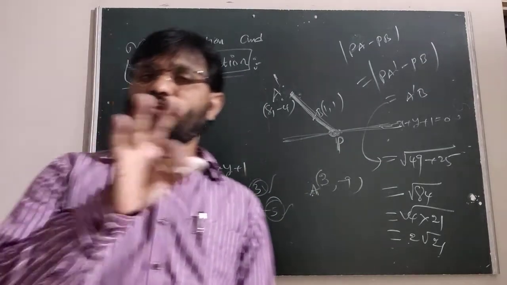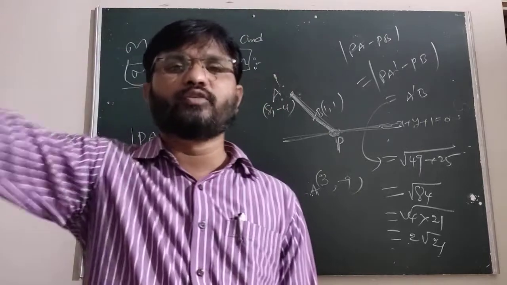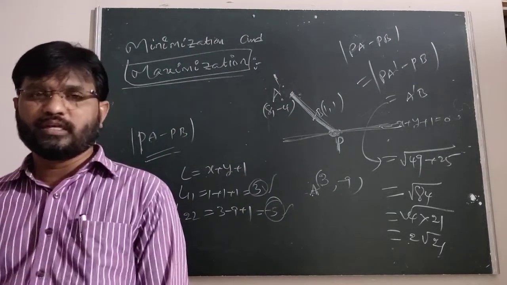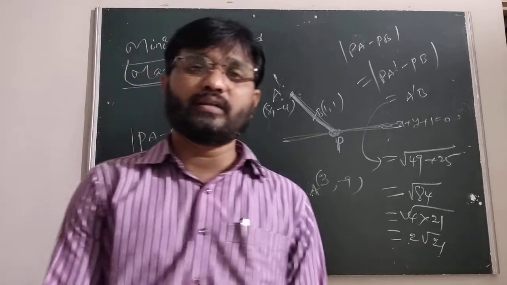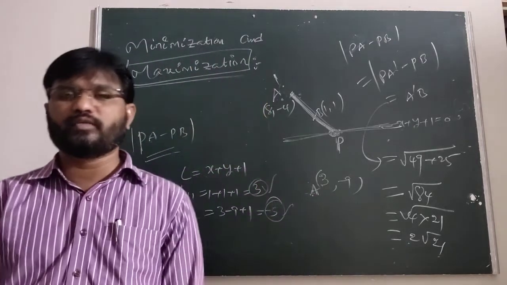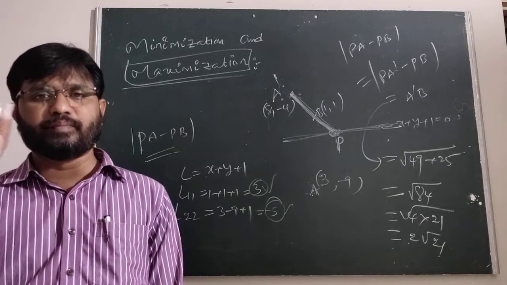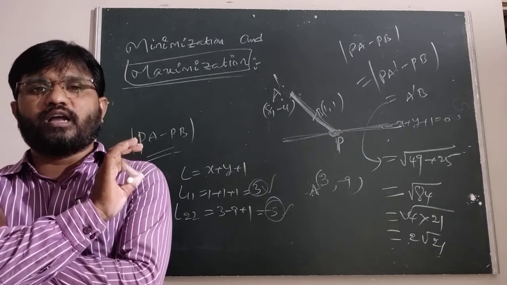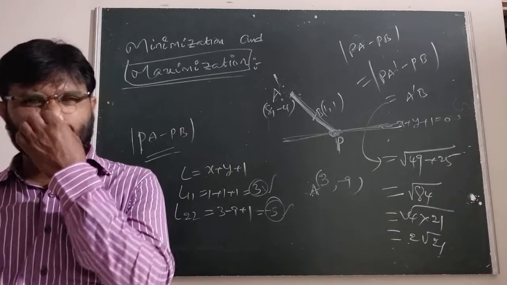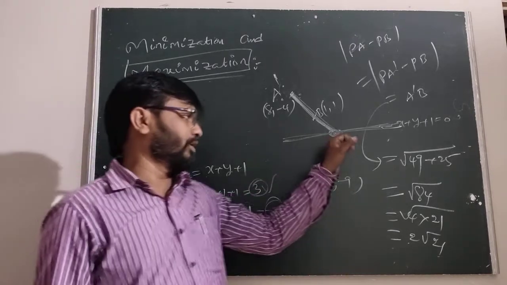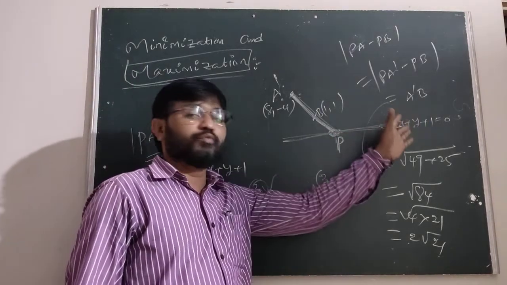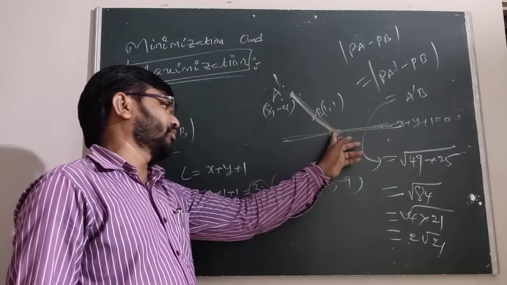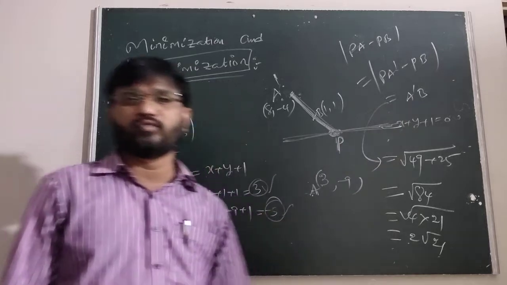When the difference is given, undoubtedly the question will be asking only the maximum distance. When PA plus PB is given, undoubtedly that will be called only the minimum. PA plus PB is always minimum, PA minus PB is always maximum. But here, the simple logic: how to find the point P? It is the point of intersection of A dash B and the line L equal to 0.